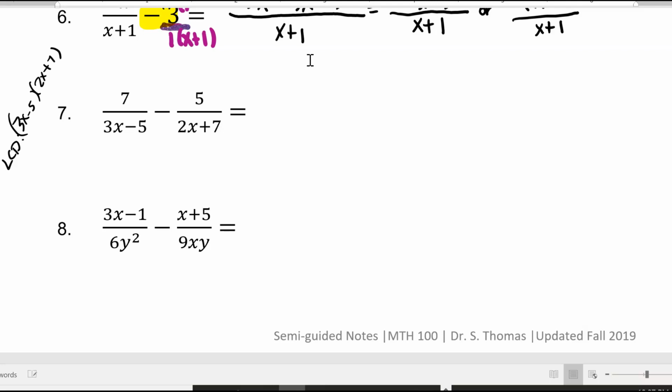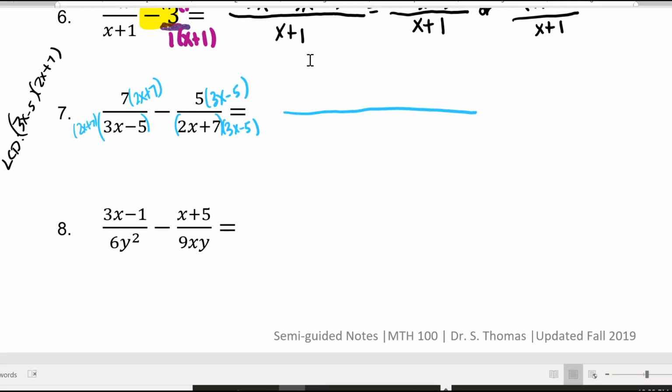So what we're going to do is multiply the left fraction by the 2x plus 7. And it doesn't matter where you put it, but I'm going to prefer the numerator. I'm going to put it to the right of 7, because I know I have to distribute. And over here, we need to multiply by 3x minus 5, and of course the numerator as well.